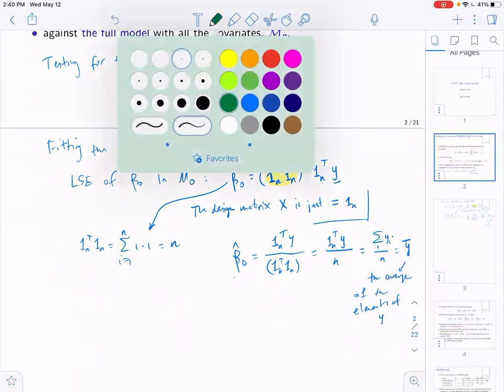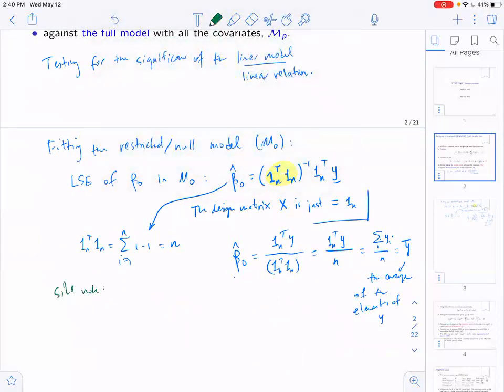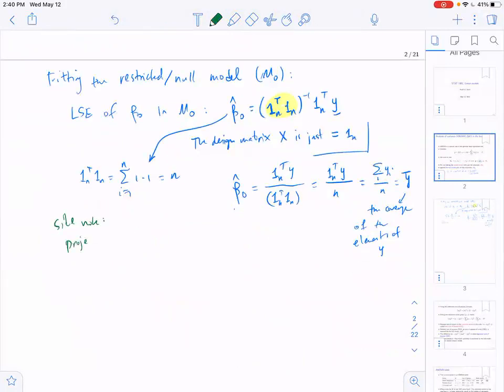On a side note, projecting onto the span of u, a single vector, is equivalent to minimizing over alpha the norm of y minus alpha u.